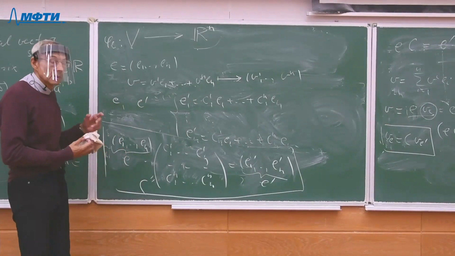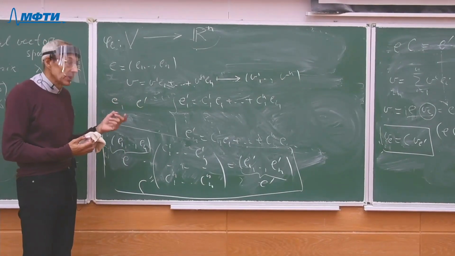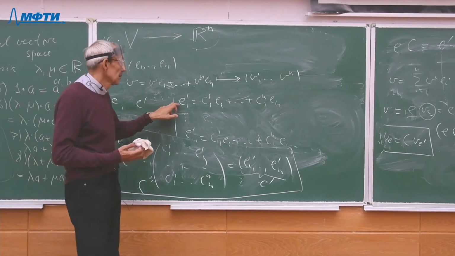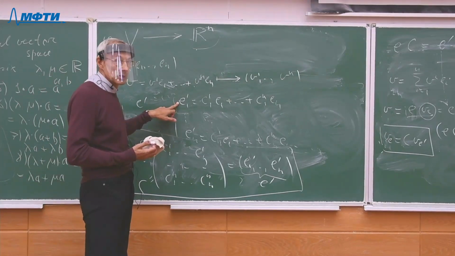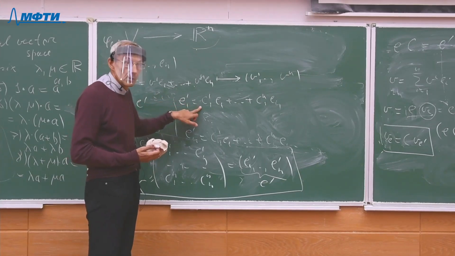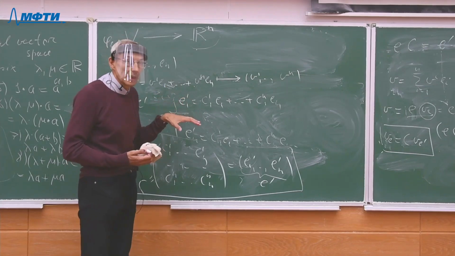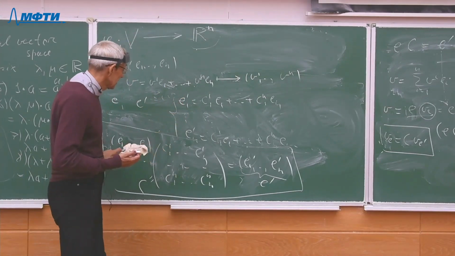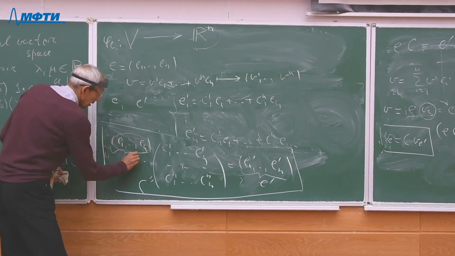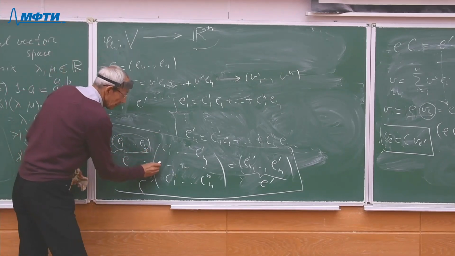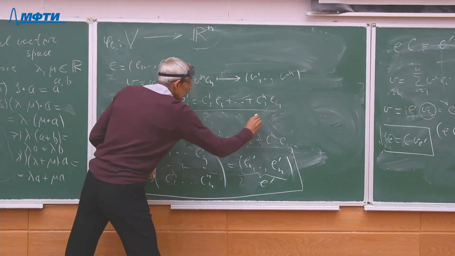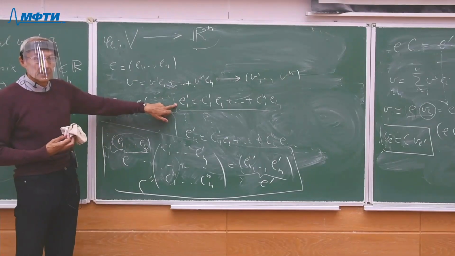Transition formula for the basis. We have two bases in the vector space, one old and one new. And we have expansions for the vectors of the new basis in terms of the old. I can rewrite this formula in this matrix form. If I multiply this row by this column, I obtain exactly the first expression.